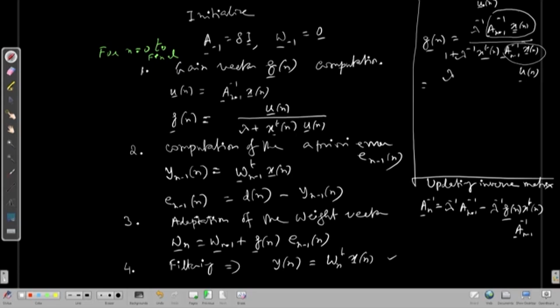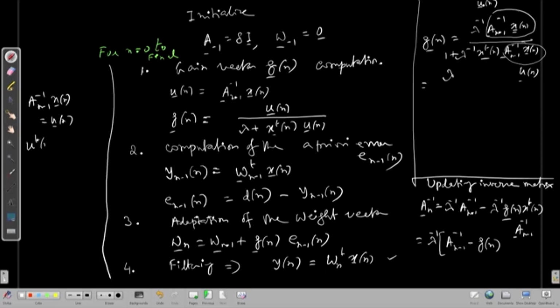Take lambda inverse common. So, this is known to us, A n minus 1 inverse, G n. Now, this quantity x transpose n A n minus 1 inverse. We have seen A n minus 1 inverse x n is u n. So, what is u transpose n? It is x transpose n A n minus 1 inverse transpose.